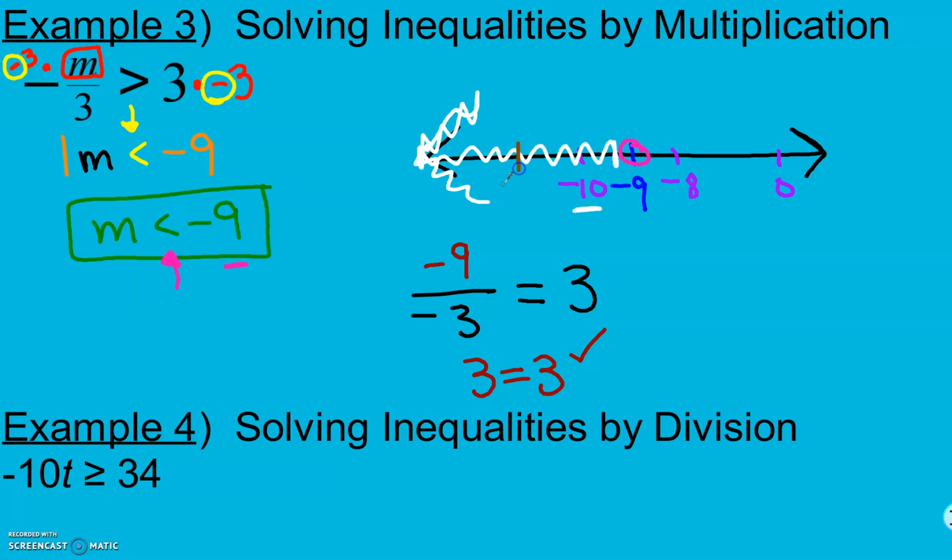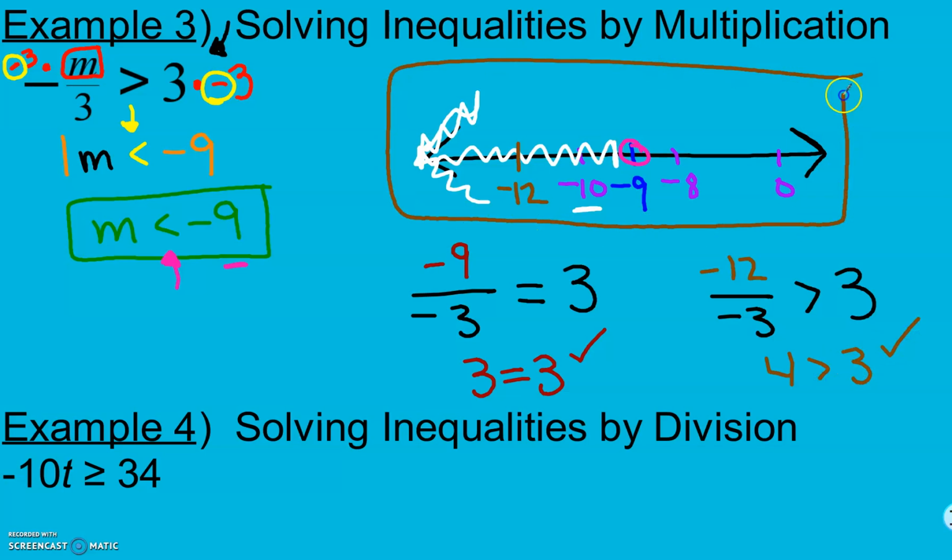So here, I'm going to pick a negative 12 because 12 is divisible by 3. So negative 12 divided by negative 3 should be greater than 3. Again, we go back to our original problem to check with. Here, when I reduce, I get 4 is greater than 3, which is true, and checks. So my inequality is right, my relationship there, and so is my graph.